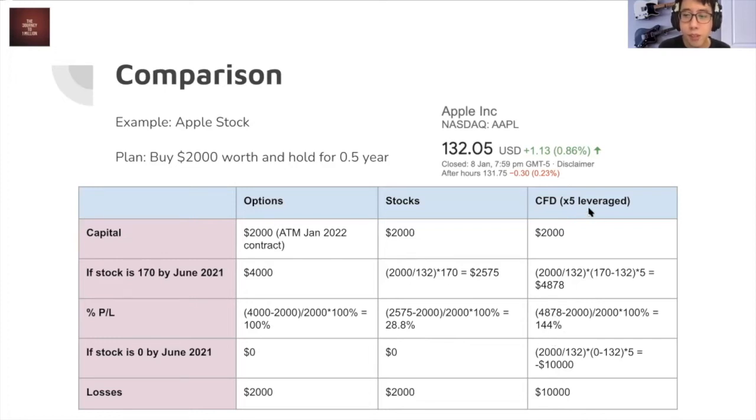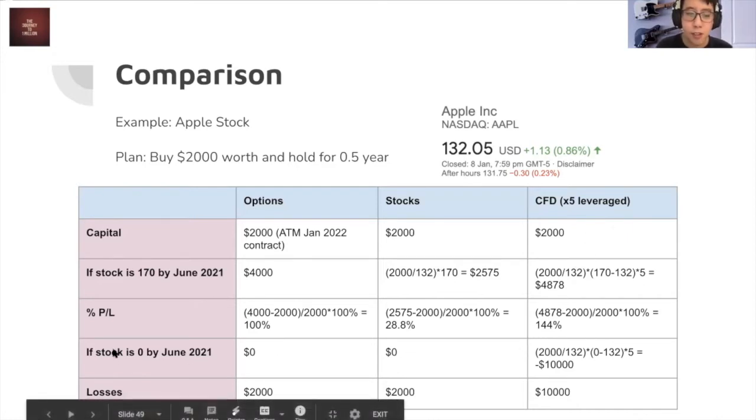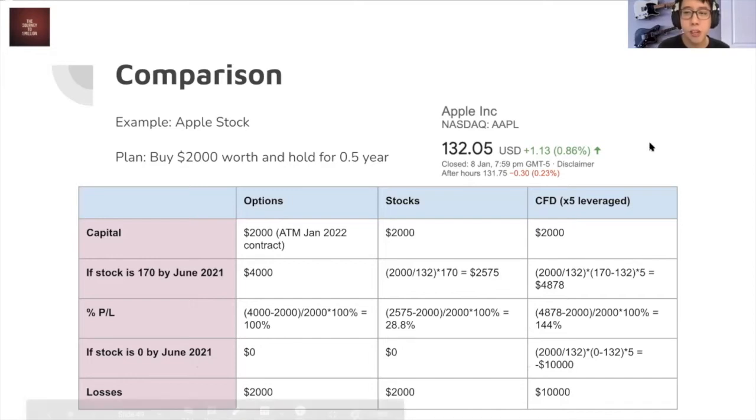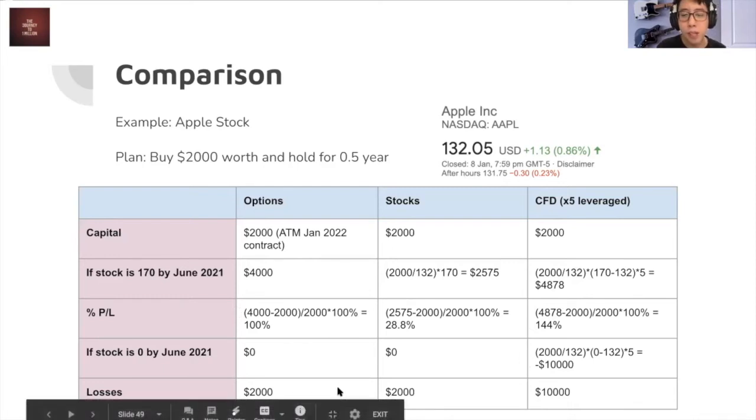But the downside of CFD is that it's a double-edged sword. So if the stock happens to go to zero, you actually lose 10,000, much more than your first capital. So that is why with options you can leverage your returns, but minimize your risk.